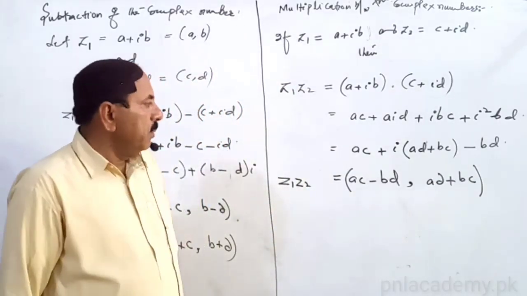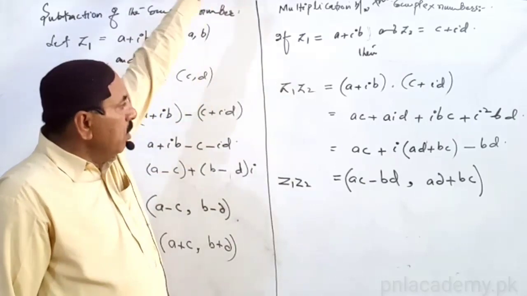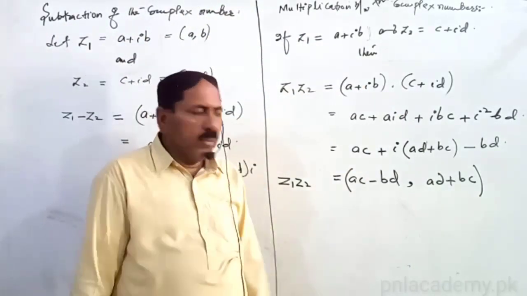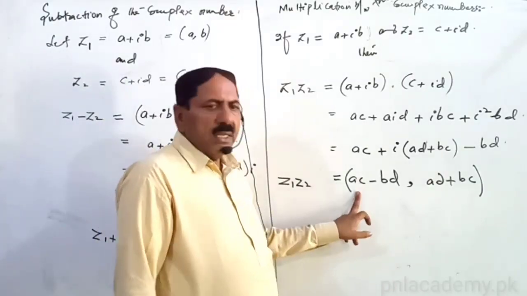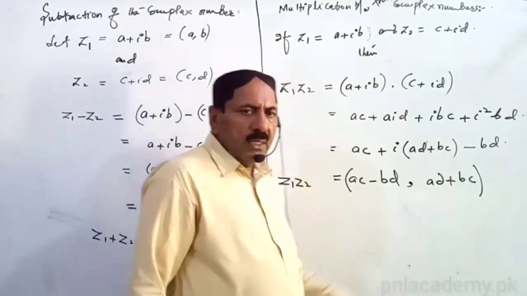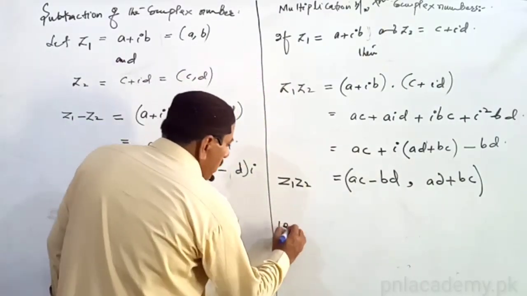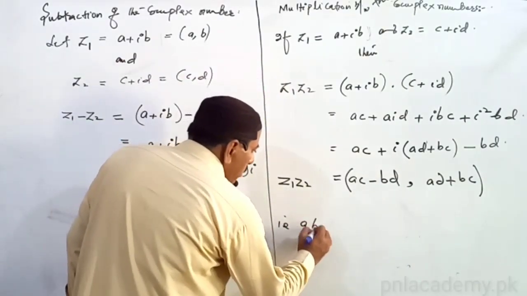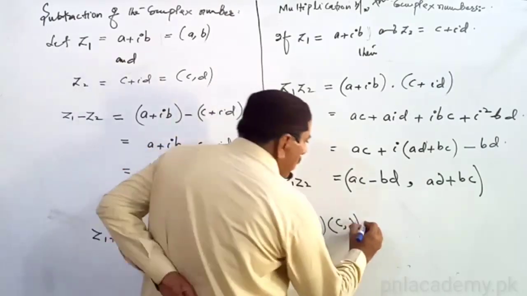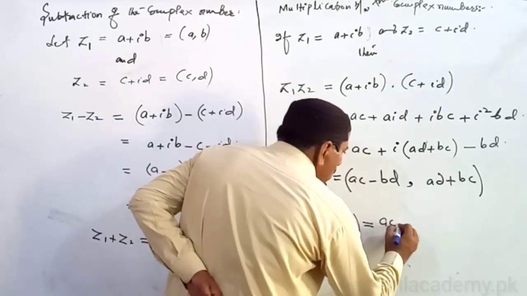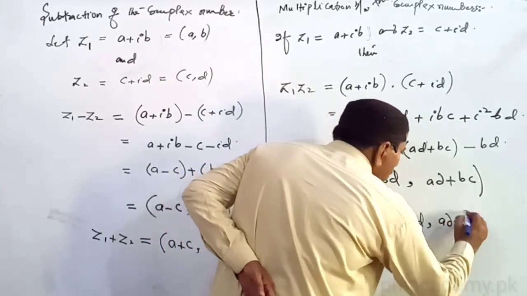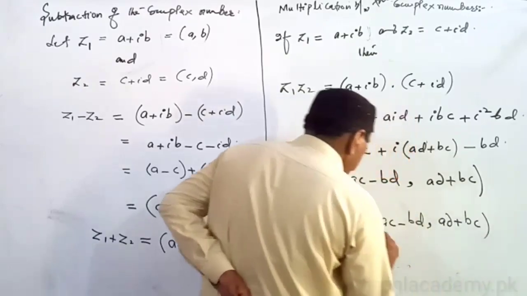Therefore, if (A, B) and (C, D) are two complex numbers, then their multiplication is (AC minus BD, AD plus BC). I.e., (A, B) multiplied by (C, D) gives (AC minus BD, AD plus BC).